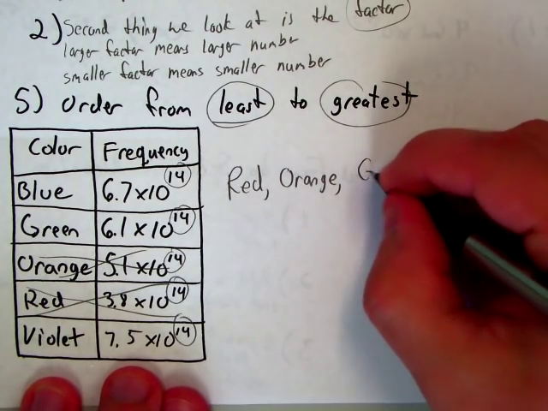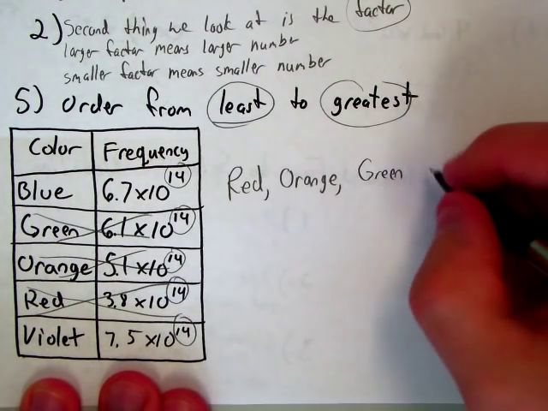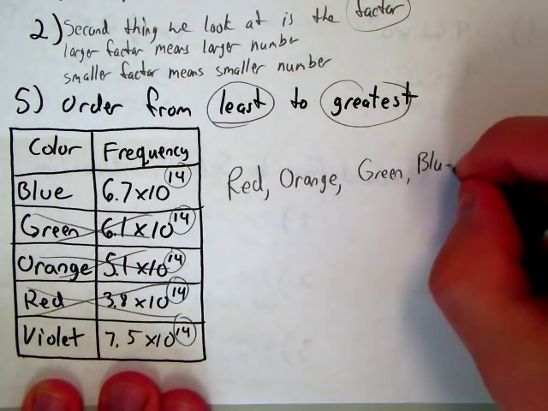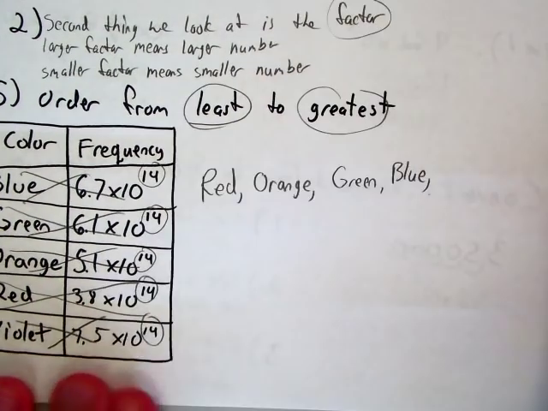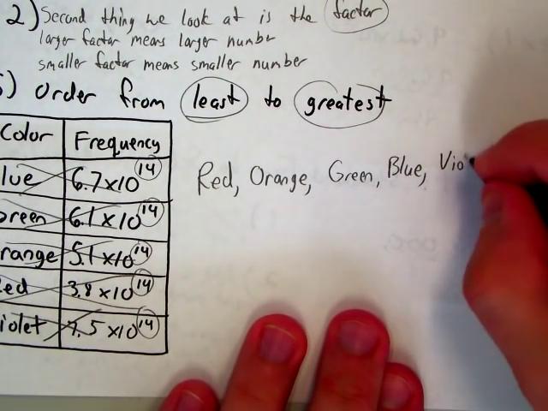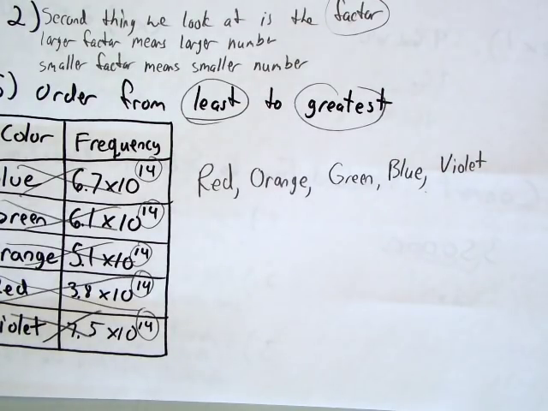Next one is green, then blue, and then violet. And that is the color order from least to greatest frequency.